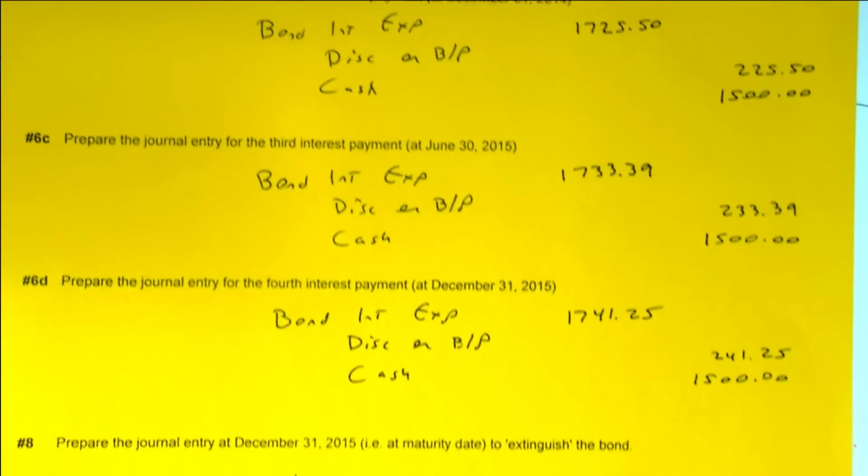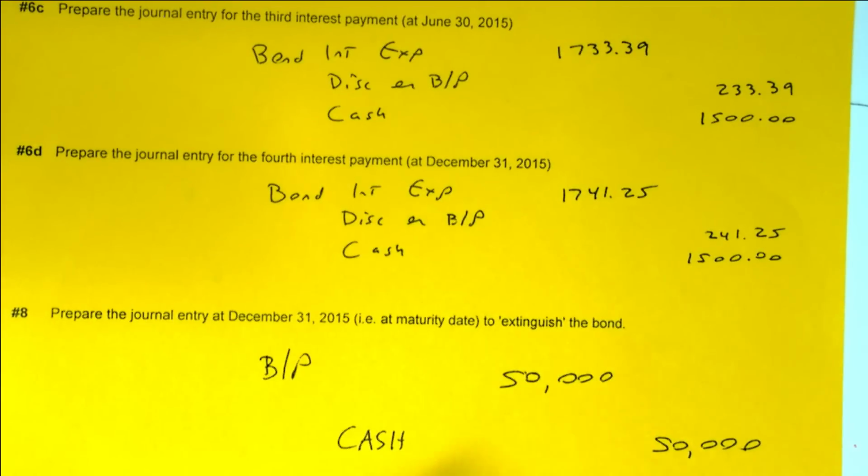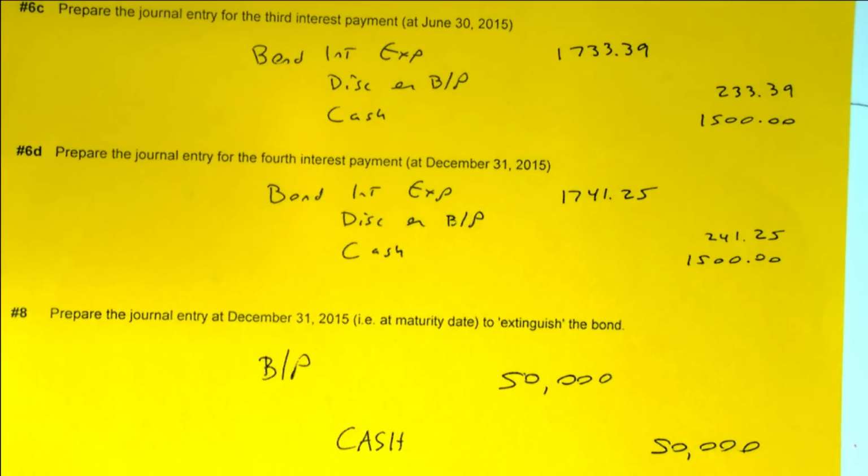And then the last interest payment that we do is December 31, 2015. And then, of course, we skip a lot of interest payments and do the journal entry at the maturity date. So if you didn't quite get that one done, you can finish that up later. Any questions on that?